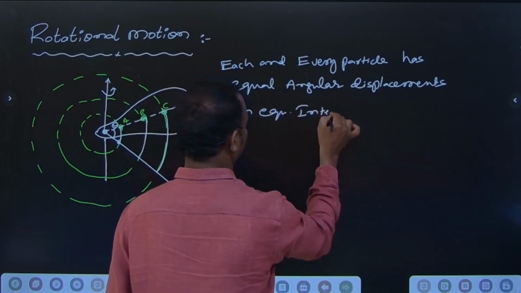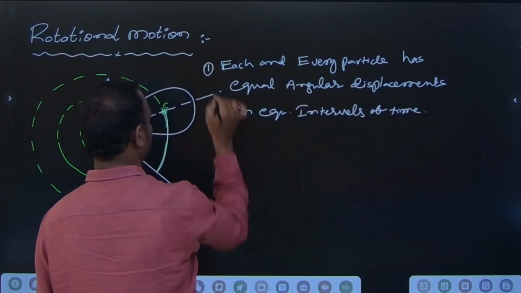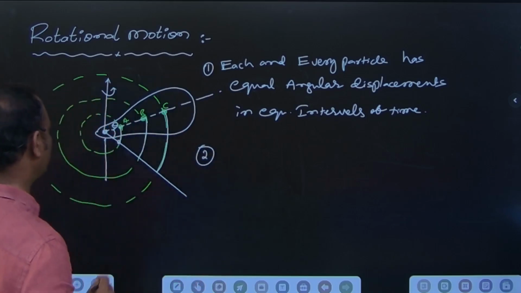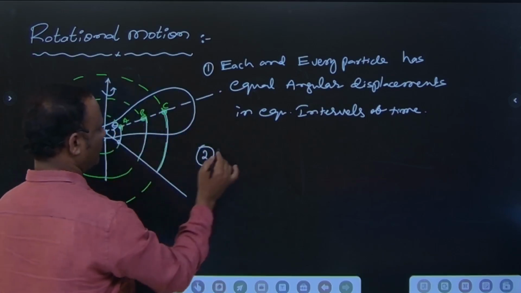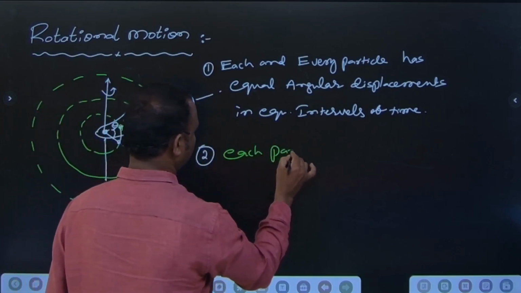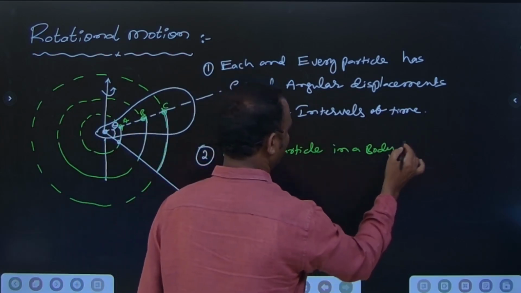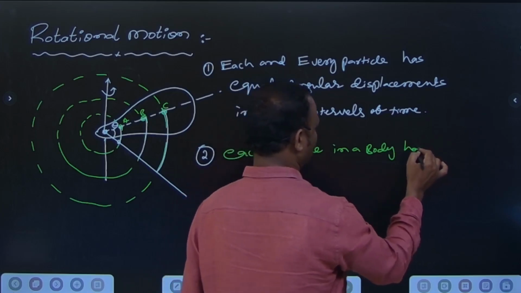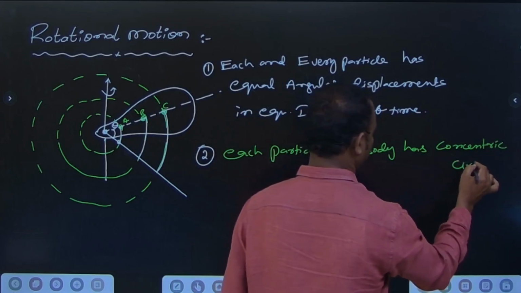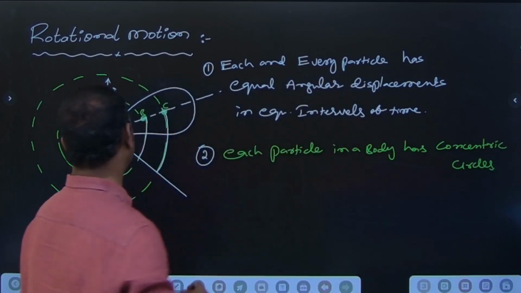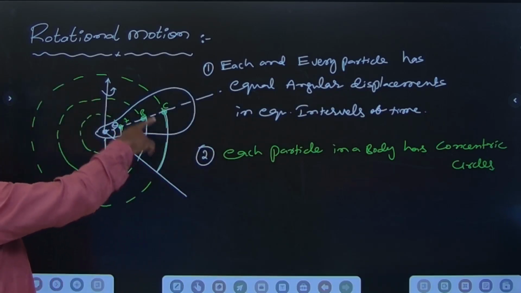Each particle in a body has concentric circles, with different radii but the same center, with respect to one axis, whenever the body is moving.